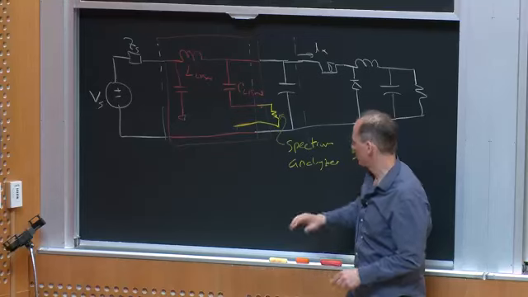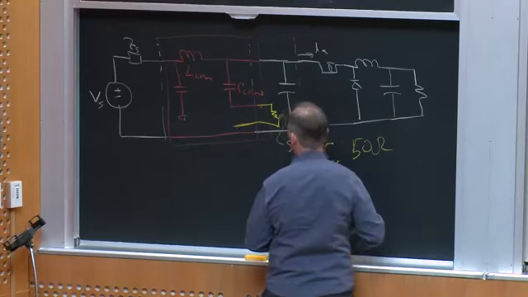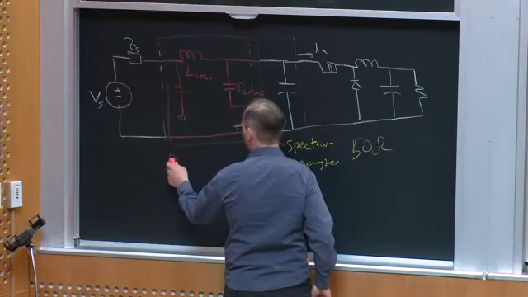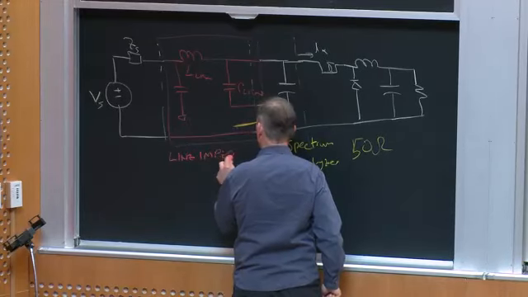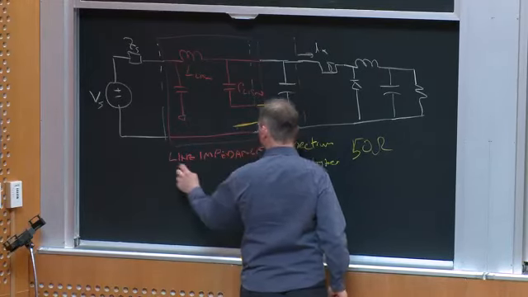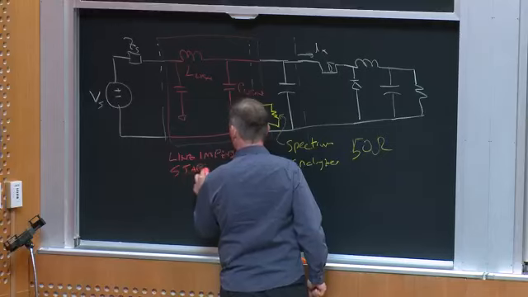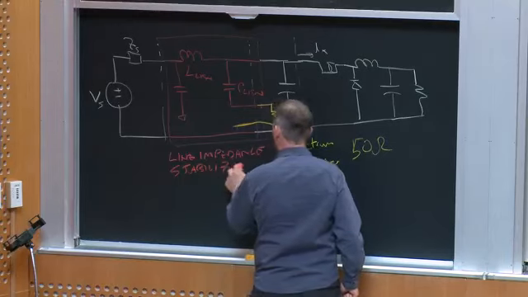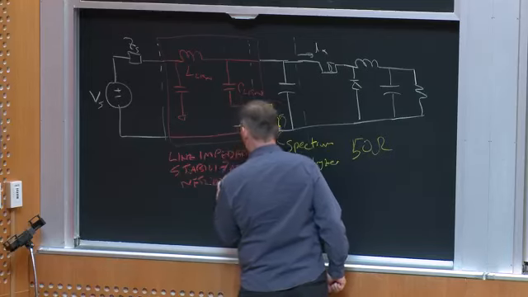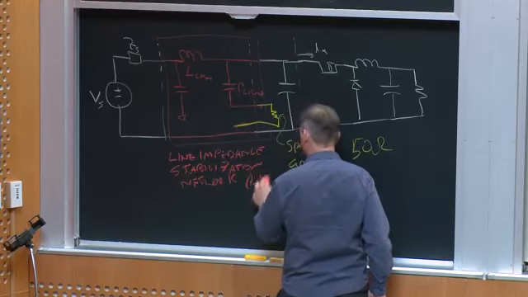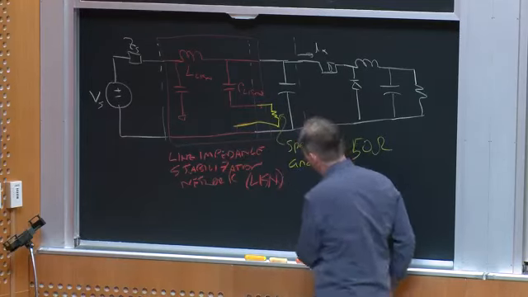And this box is called a line impedance stabilization network, or LISN, line impedance stabilization network.